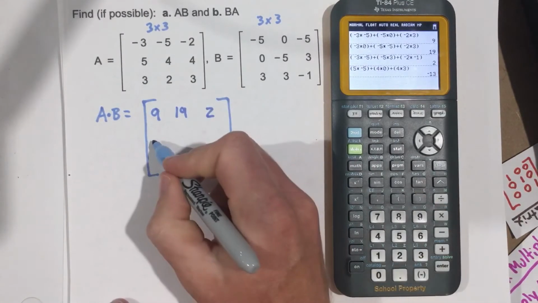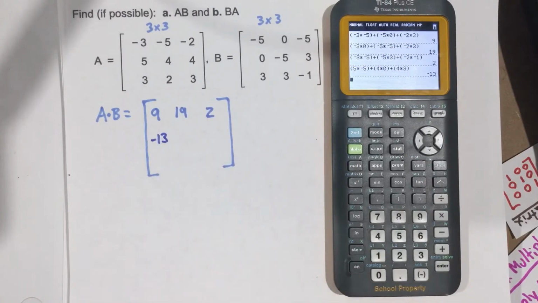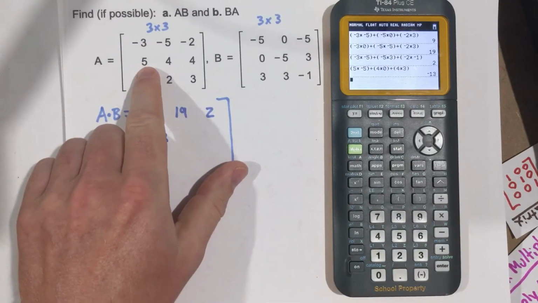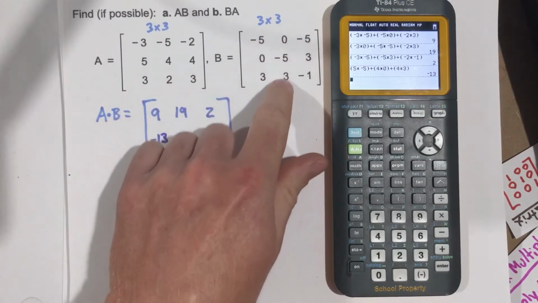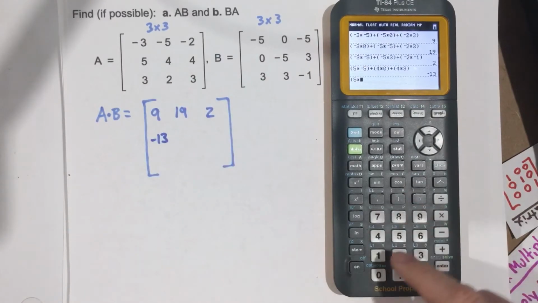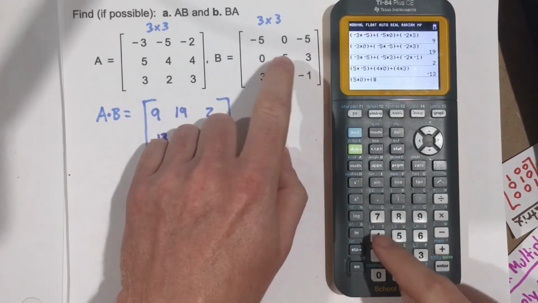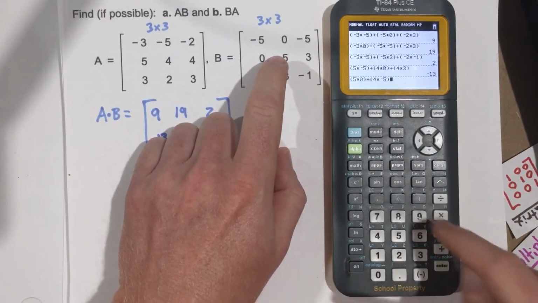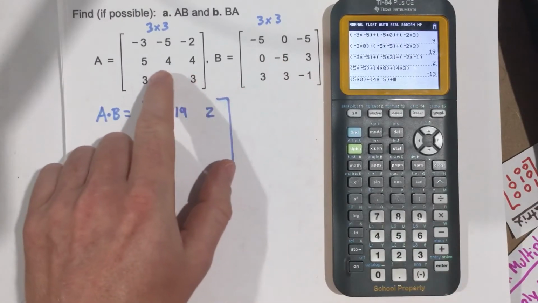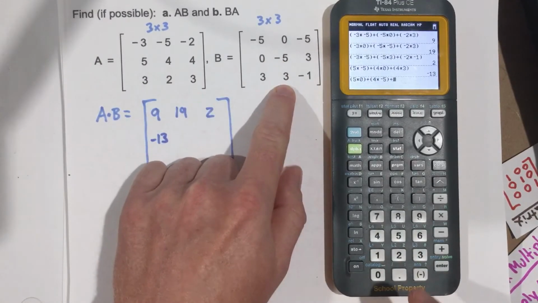Negative 13. Now we're going middle or second row to second column. So we start by doing 5 times 0 plus 4 times negative 5 plus 4 times 3.